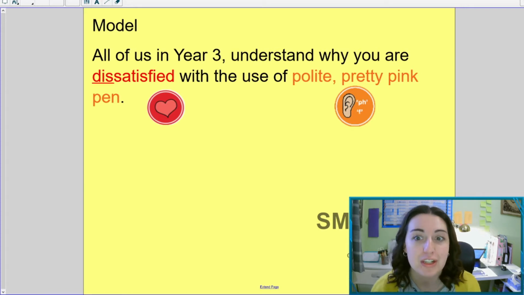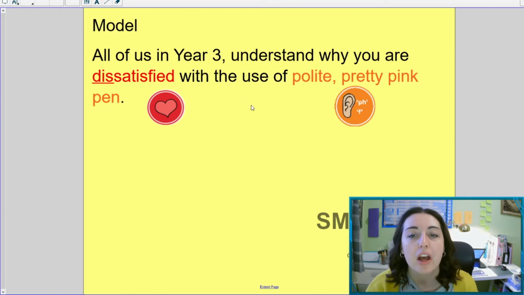I've used a huge alliteration on the end there, polite, pretty pink pen, all of them beginning with that p sound. I've started off by saying who, and I've used my other word for sad using my dis prefix here as well.